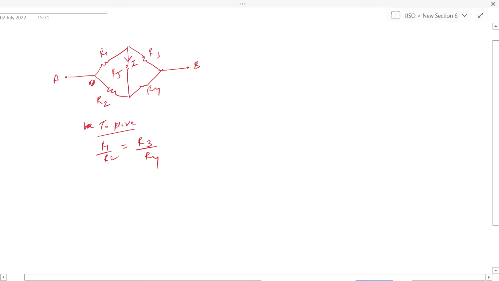Clear, na? Just try. Point same, apply point potential. This will be at V volt. Let's consider this as 0. Just apply point potential and try to solve it.